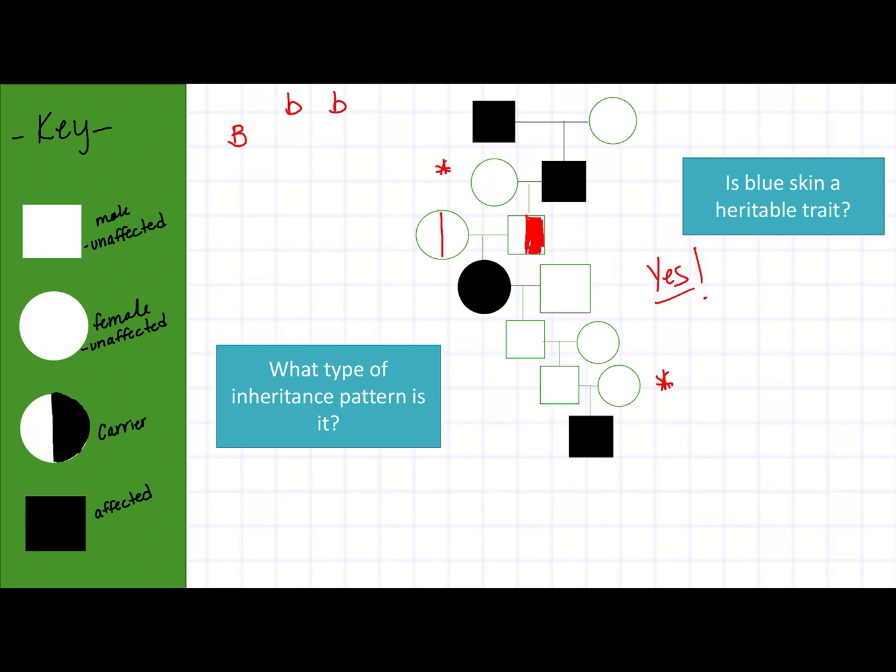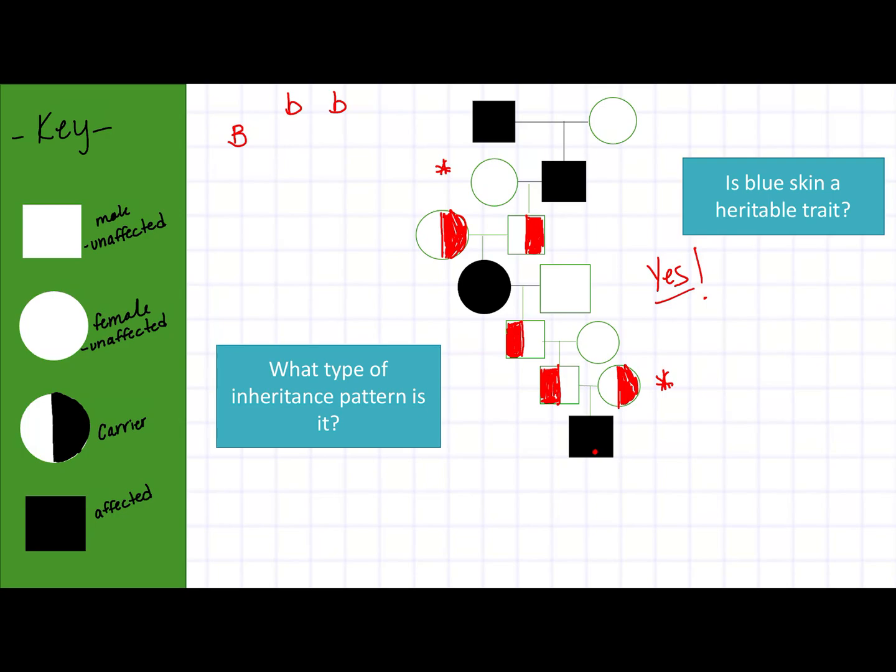But the person they married must also have a copy in order to have a child that has blue skin. We know that this person must have had a copy, who gave it to their son, who must have had a copy, who married somebody in their family, who also must have had a copy, in order for them to get a son that had 2 copies.